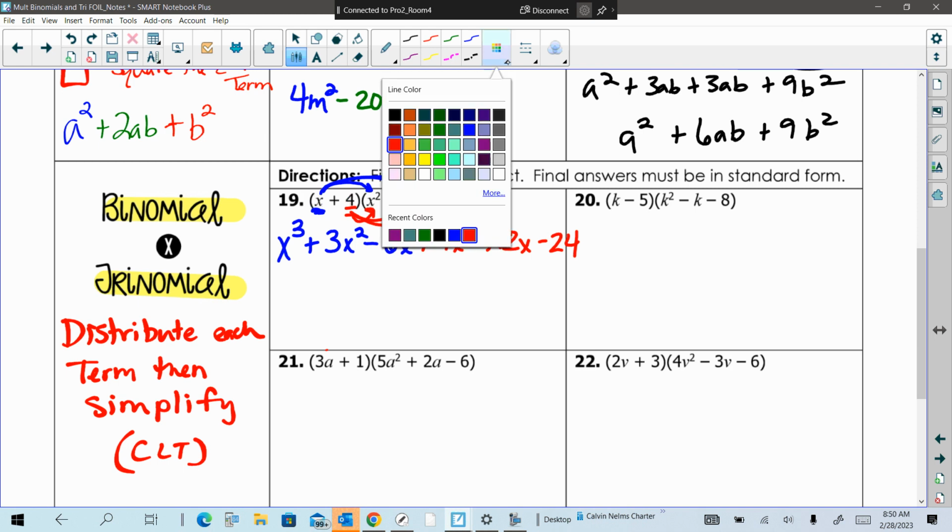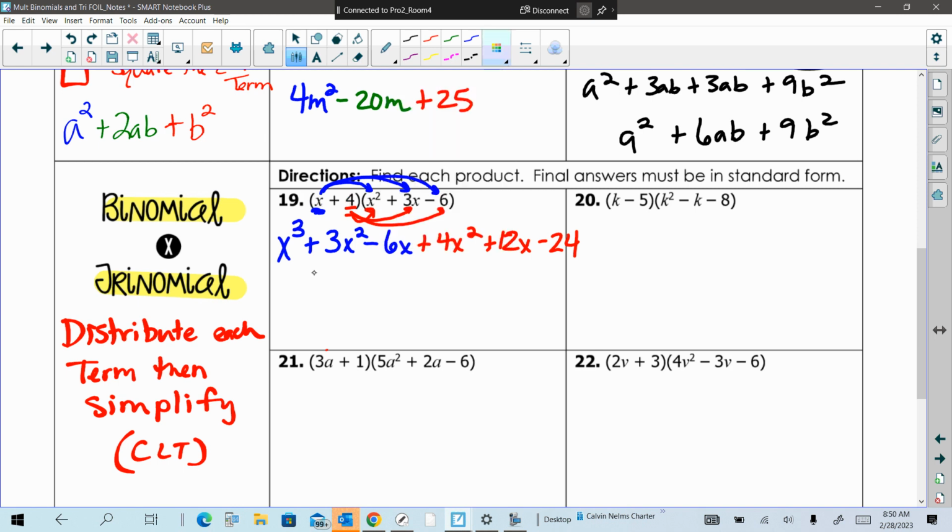Now we're just combining like terms. I start with the highest exponent. That's the x to the third. Then I have a 3x squared and a 4x squared. That becomes 7x squared. Minus 6x plus 12x gives me plus 6x. And then we're left with minus 24.